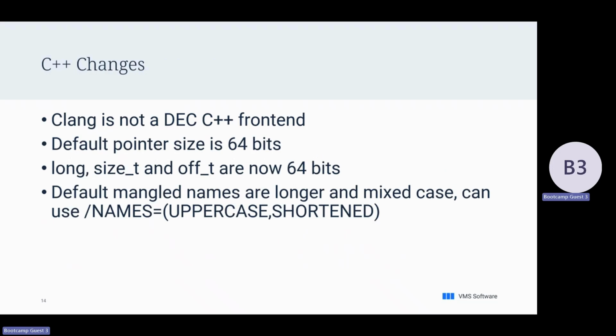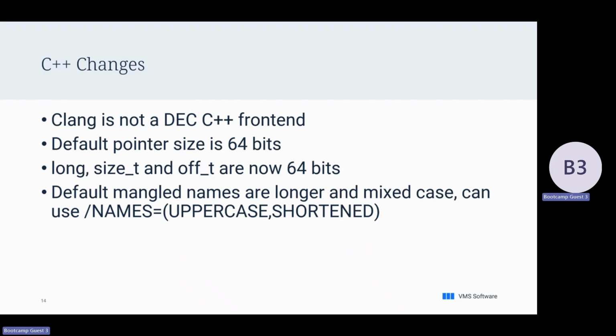If you're using C++, there are some changes. Clang is not the old DEC C++ front end. A lot of the DEC-specific stuff just is not there. We can do mixed pointer sizes, but the default pointer size is 64 bits.